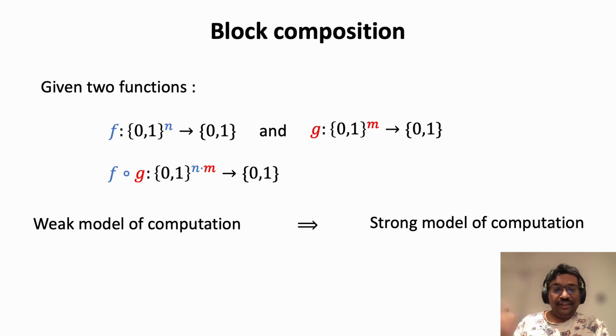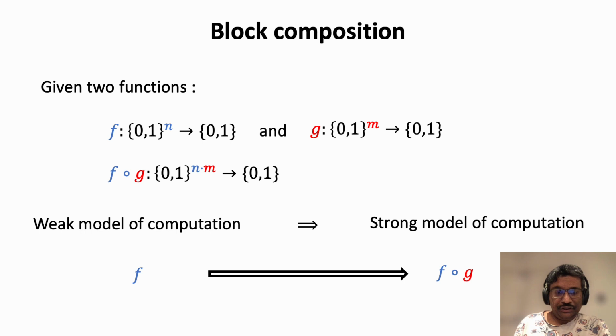Lifting theorems, as we said, translate lower bounds from a weak model of computation to a strong model of computation. What it does is that it takes lower bounds about a specific function f in the weak model of computation, let's say the decision tree model, and then translates them into lower bounds about the block composed function f composed with g in the strong model of computation, let's say communication complexity.